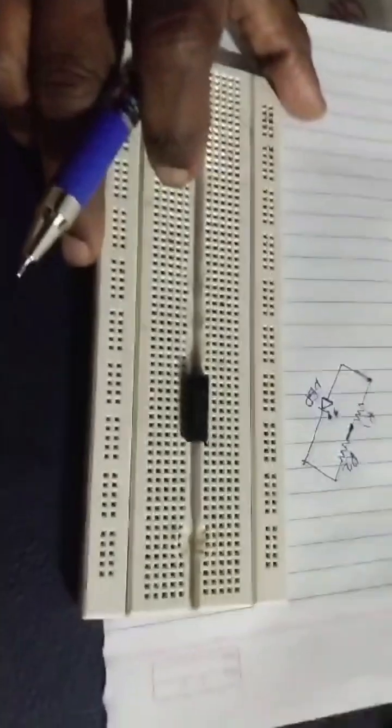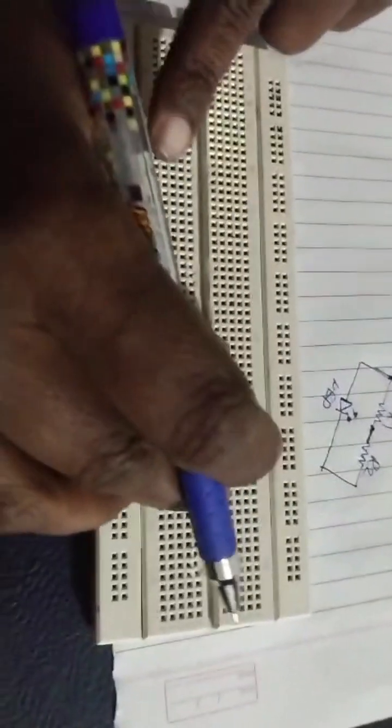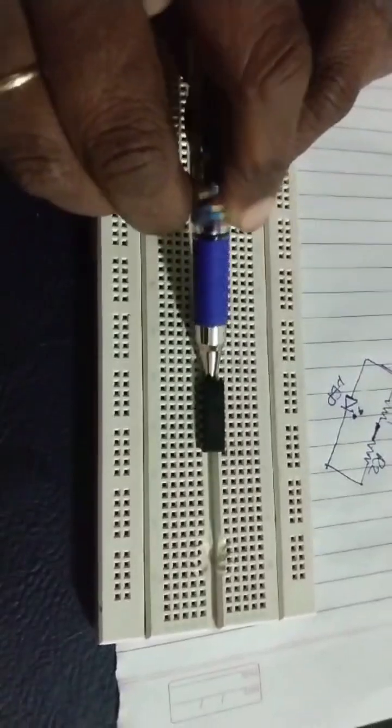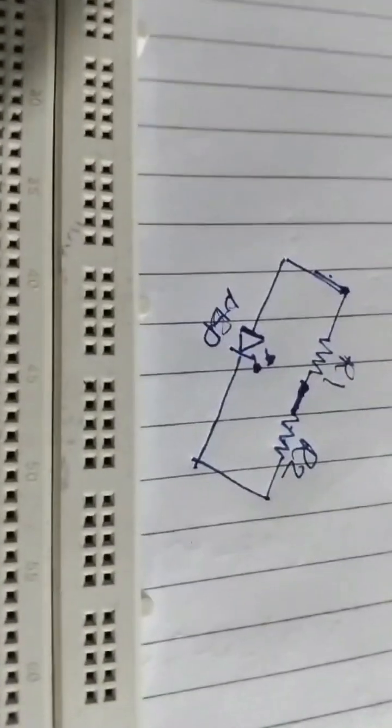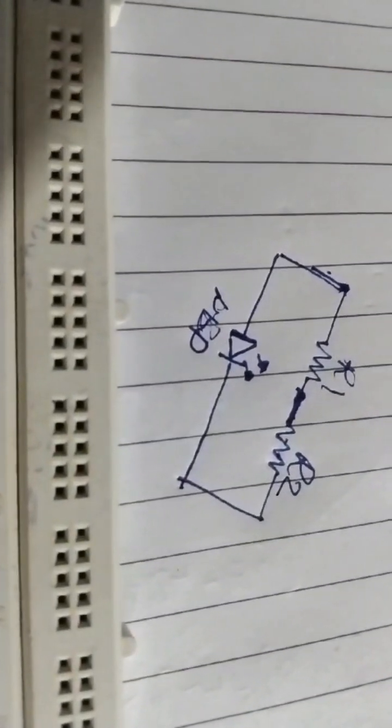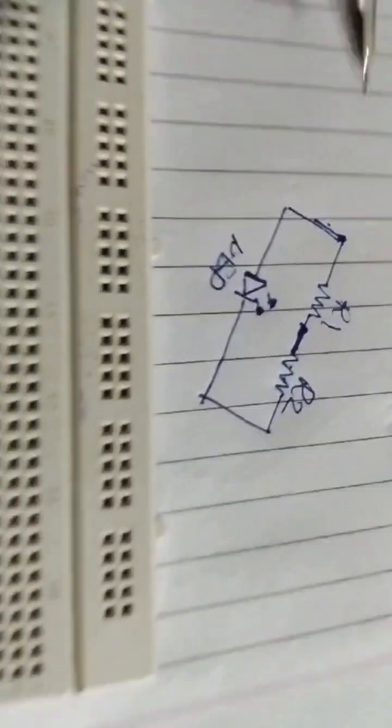I think all of you are able to see this circuit and the breadboard. Let us remove this because it is going to confuse you. Now you are going to see the circuit. First, let us connect this R1 resistor on the breadboard.